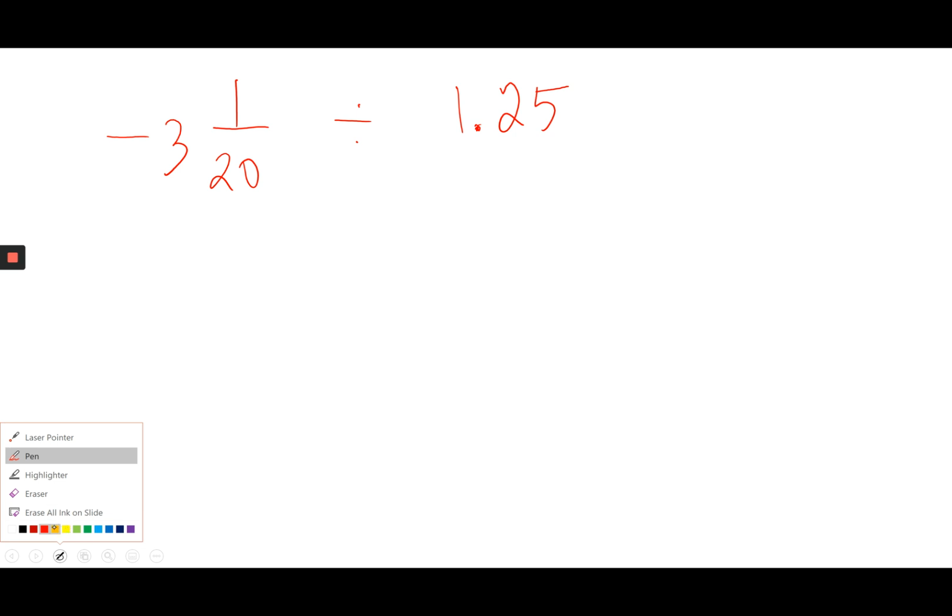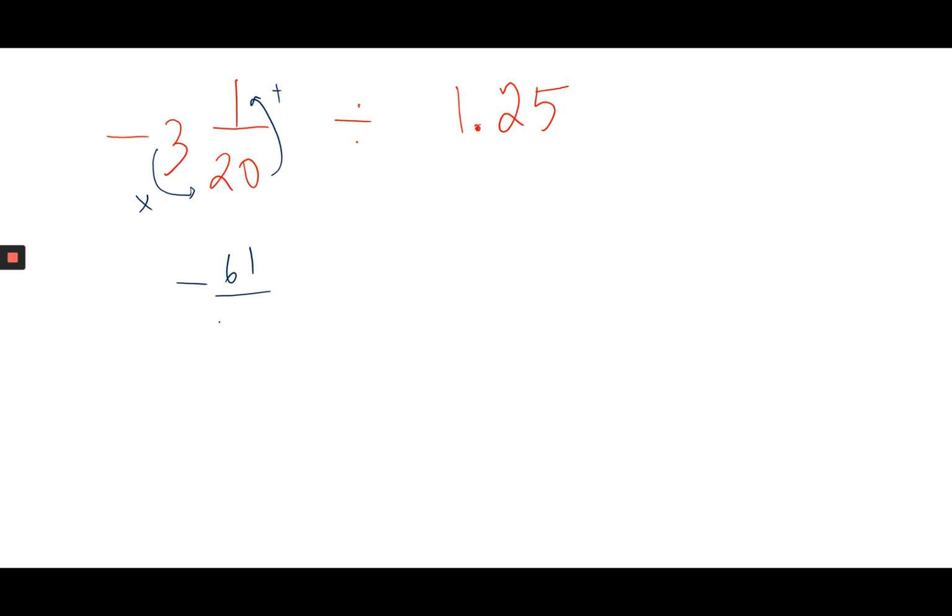But decimals are rational numbers too. All right, 3 times 20 is 60, plus 1 is 61, negative 61 over 20 divided by 1.25, which is actually 125 over, since your decimal place moved 2, you should put 100 here.